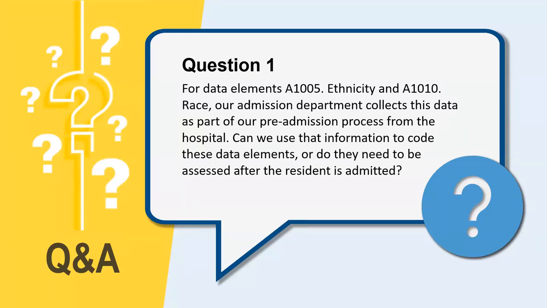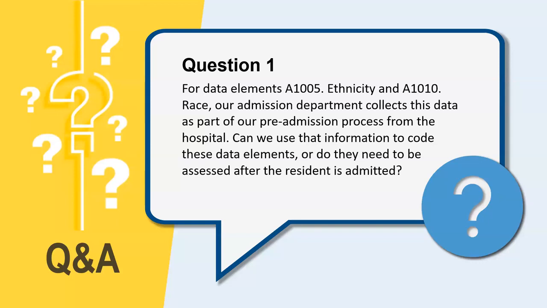Both of these data elements are self-reported, and the questions for each should be asked of the resident after they're admitted to the facility, during the appropriate assessment period. Facility medical record documentation can be used as the data source for these data elements, but only if the resident is unable to respond and no family member, significant other, guardian, or legally authorized representative can provide a response.